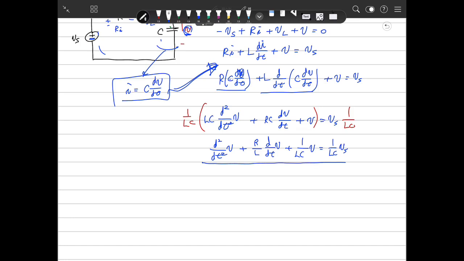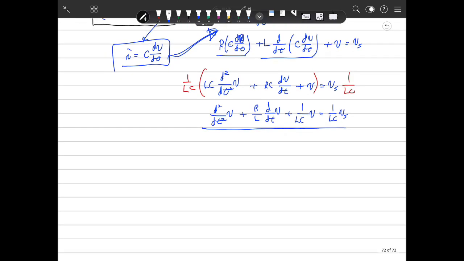So this is the general form of the second order differential equation. We already know the general form over here. What is that? d squared V over dt squared plus 2 alpha dV/dt plus omega 0 squared V will be f(t).